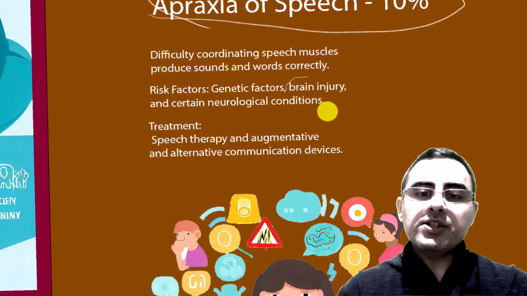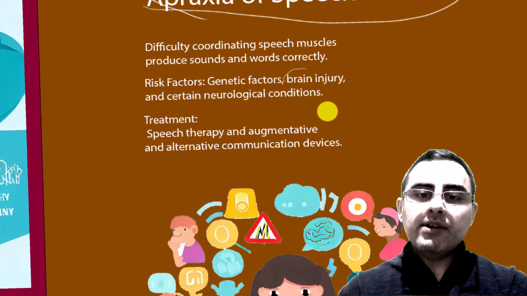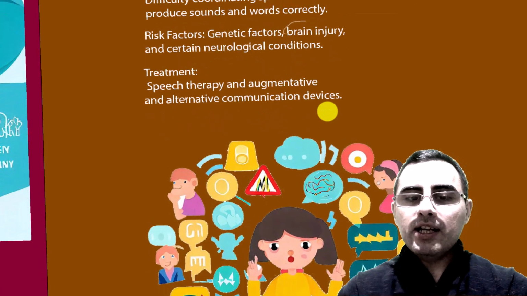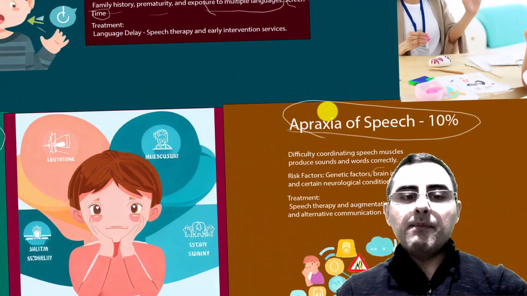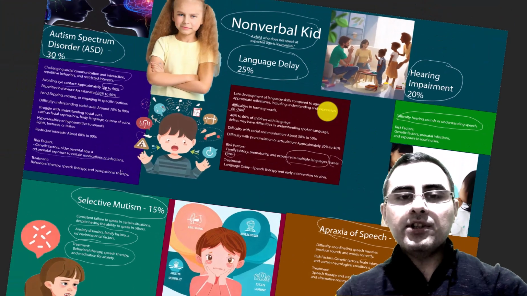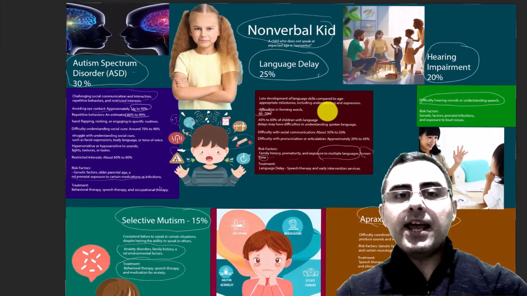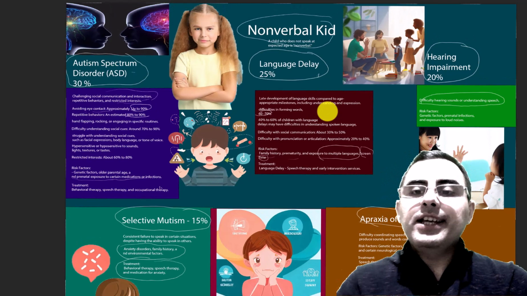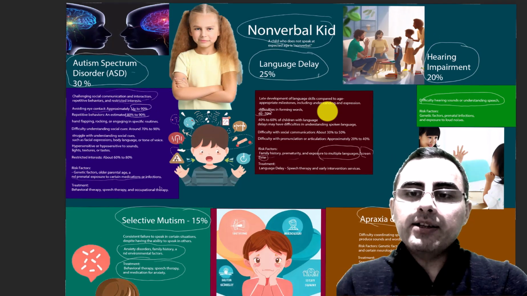Treatment here is speech therapy and augmentative and alternative communication devices. It helps also. In most of these 5 conditions, prognosis is favorable, but early intervention is critical and crucial.